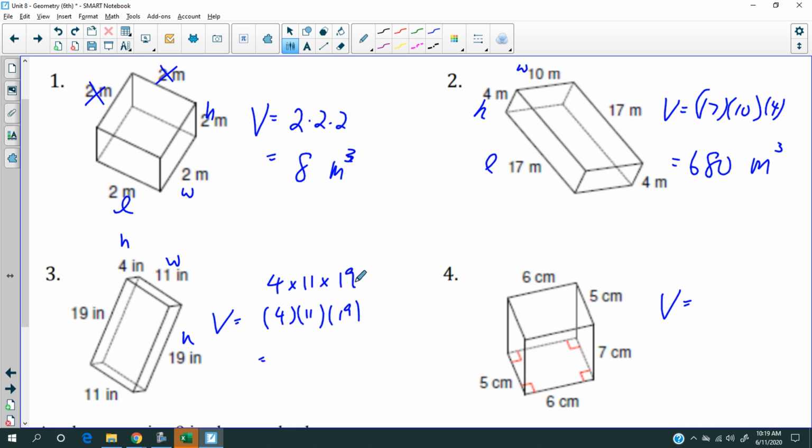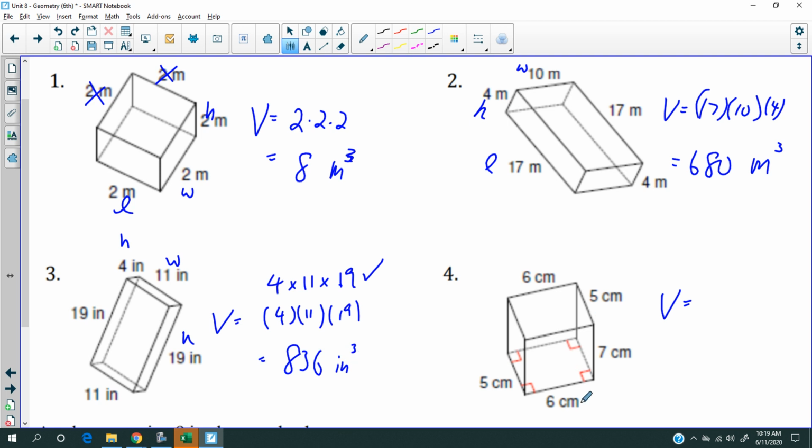In the future, when you go on Amazon and want to know how large the box the furniture comes in, that's what they mean: length times width times height. Anyway, 4 times 11 times 19 is 836 cubic inches.